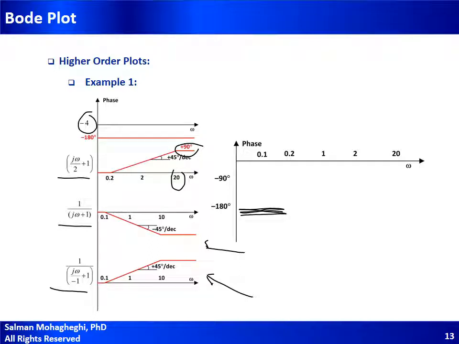So that would be negative 90 degrees. So anything after 20, I would have a straight line at negative 90 degrees. In between, I would have one line with a slope of 45 degrees per decade. So this is going to be the overall phase plot for this particular system.